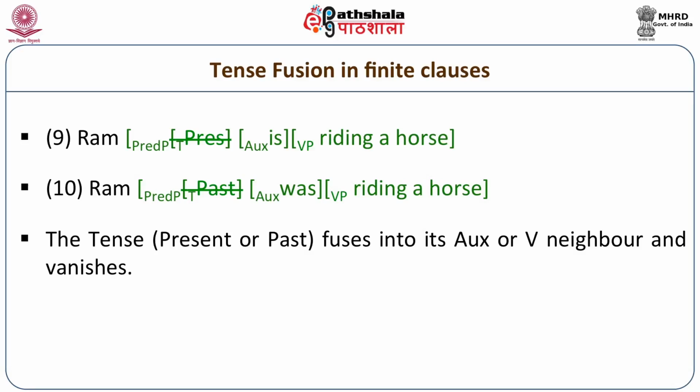Thus, in the man is riding a bicycle, is licenses the participial ending on riding. In the man has ridden a bicycle, has licenses the -en on ridden. This is in contrast to participial clauses where the licensing is done by a separate tense element.